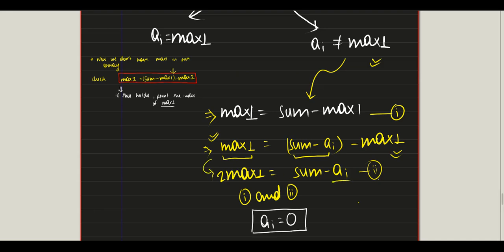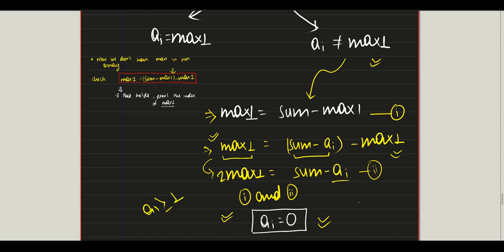I have named this equation 2. And if you solve this first and second equation, you will get AI equal to 0. This means if we decide to delete an element AI which is not the max one of our array, we can get a new array which can be good only if there is some AI element present in our array which is 0. But in the question it is mentioned that every AI element is greater than or equal to 1.